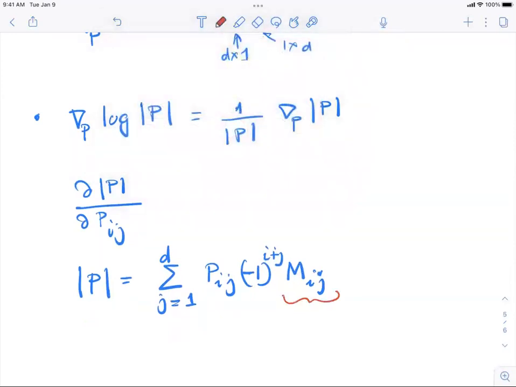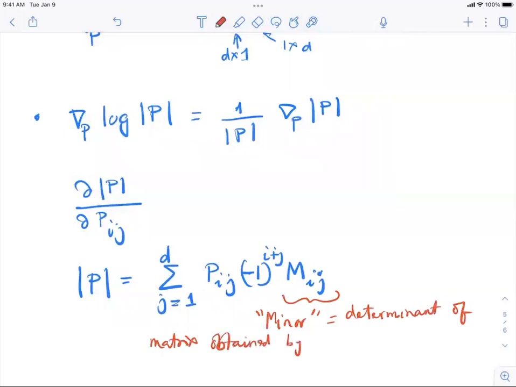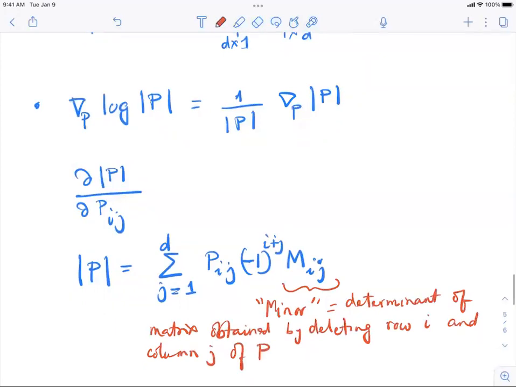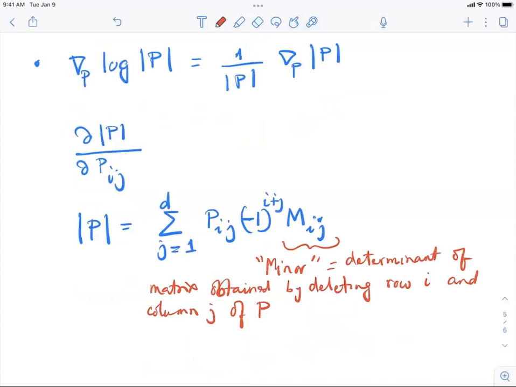This is a minor, which is the determinant of the matrix obtained by deleting row i and column j of P. So that's one way to compute the determinant of a matrix.